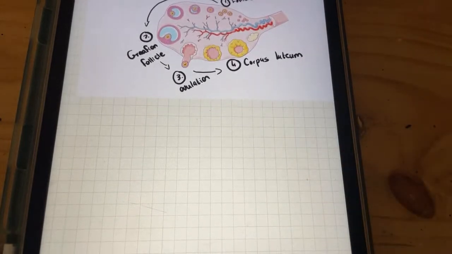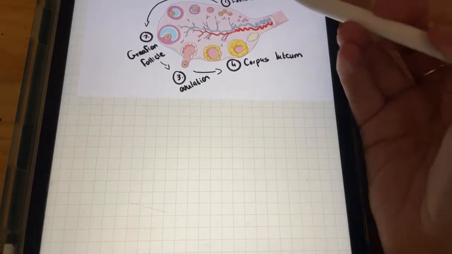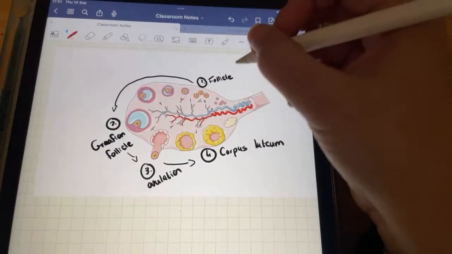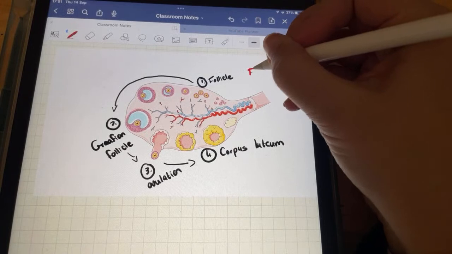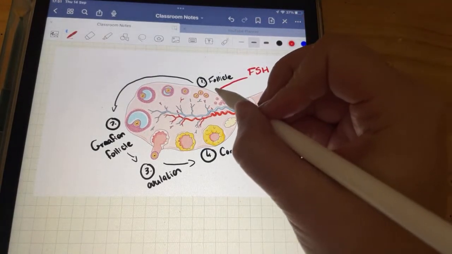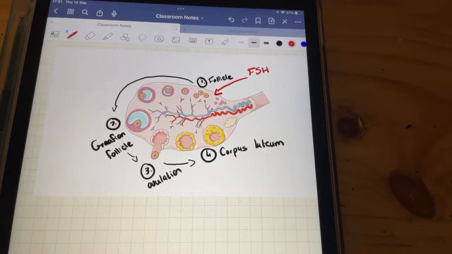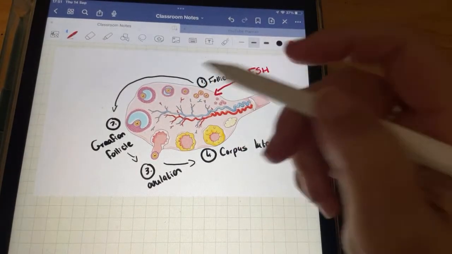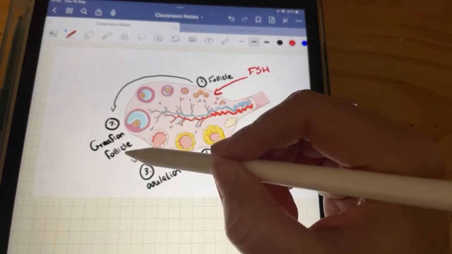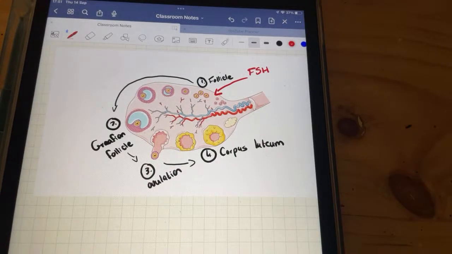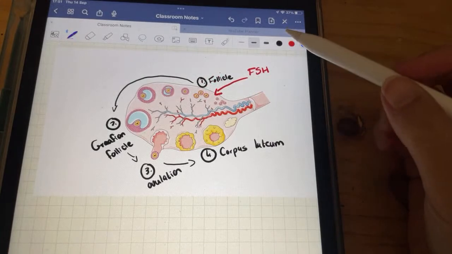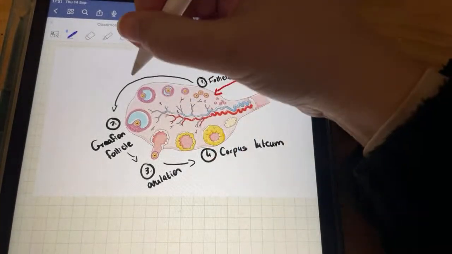So let me explain. We change over to the different colors. So how do we actually grow a follicle? So first things first, follicle stimulating hormone comes from the pituitary gland to the ovary, and it stimulates the follicle to grow till we get to this point over here, to step 2, the Graafian follicle, right? That's where we're trying to get it. Now, as the Graafian follicle grows, I want you to know that it is producing a hormone.